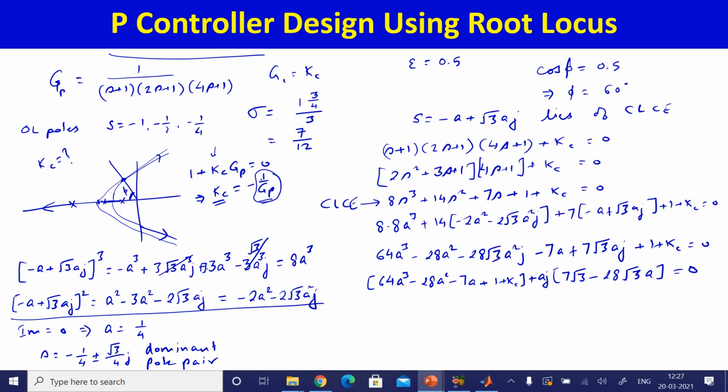And because sometimes this s is slightly approximate, you may get a very small magnitude complex part. To not get confused by that, it is better to say that kc is equal to 1 over mod of gp at s equal to dominant pole.